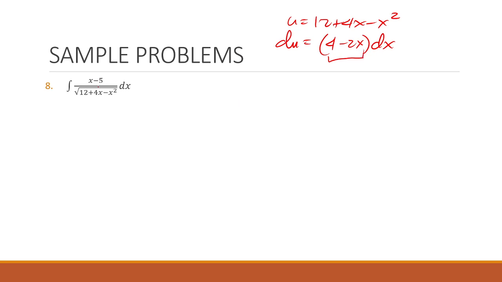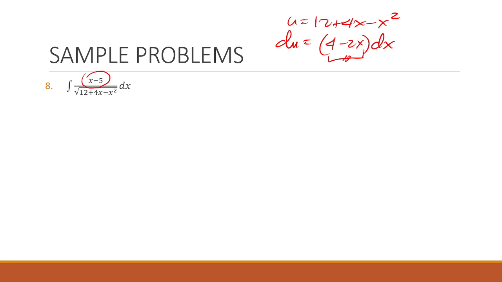What I'm trying to say is that we can transform x minus 5 into its equivalent expression containing 4 minus 2x. And then after we convert x minus 5 into an equivalent expression containing 4 minus 2x, we can break down the integral into separate integrals. One containing this 4 minus 2x for a direct u sub and then power rule. And the other term that will be generated, we'll figure out later on what is applicable.